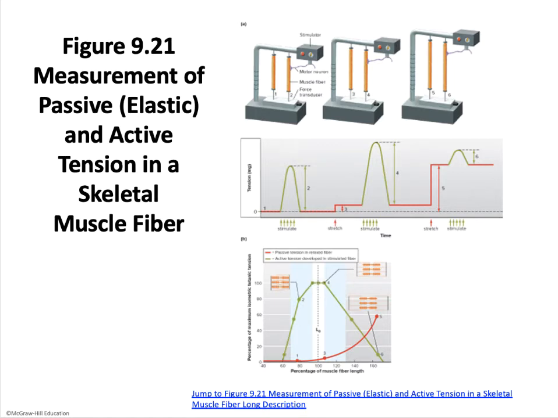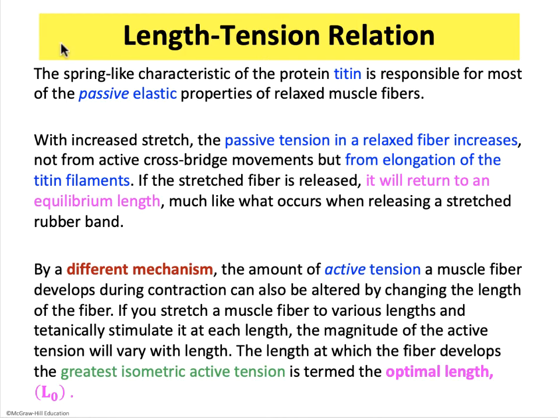This relates back to the overlap between the actin and the myosin filaments, in addition to the recoil generated by a protein called titin, which anchors the sarcomere to the plasma membrane of the muscle cell.